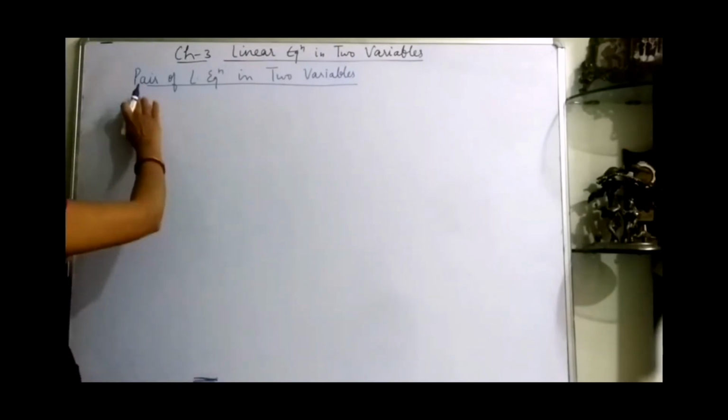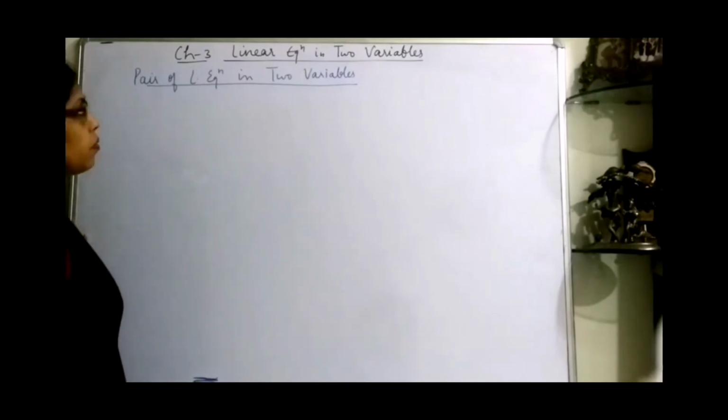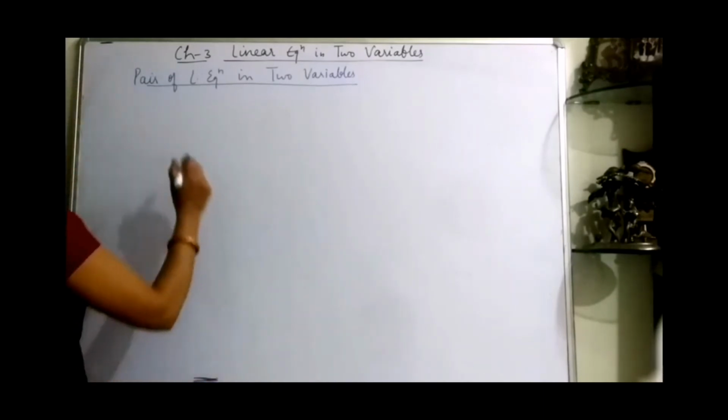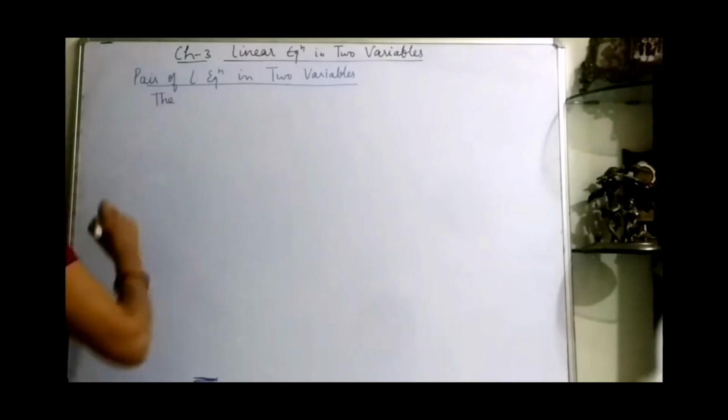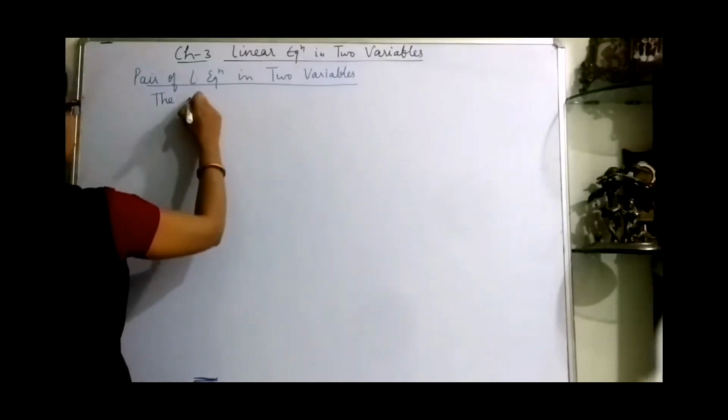Now I am explaining pair of linear equations in two variables. It means more than one equation I am taking here. Okay, so the most general form of the linear equation.